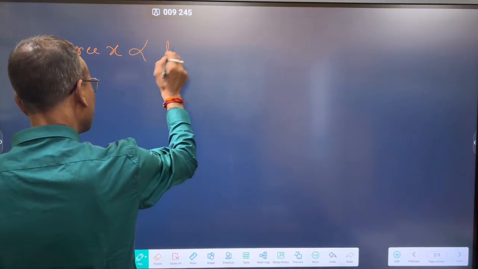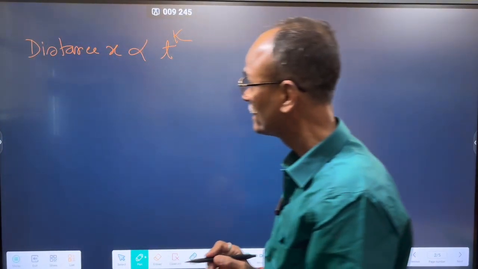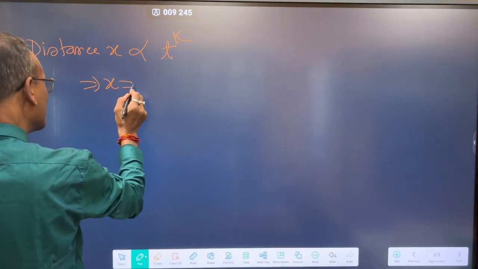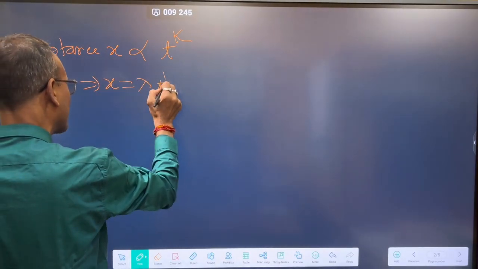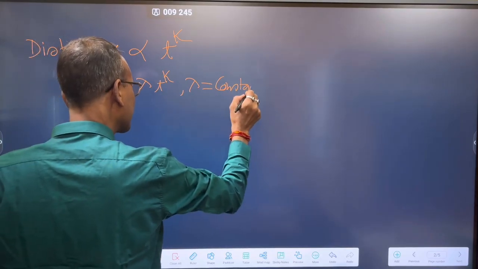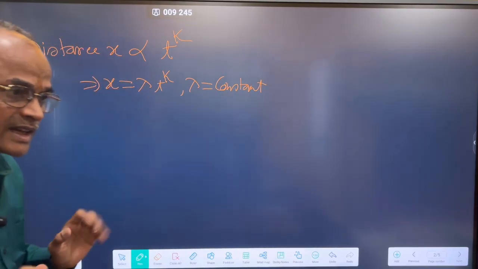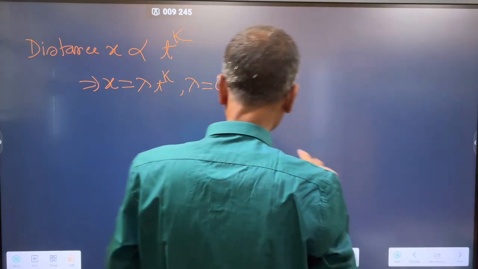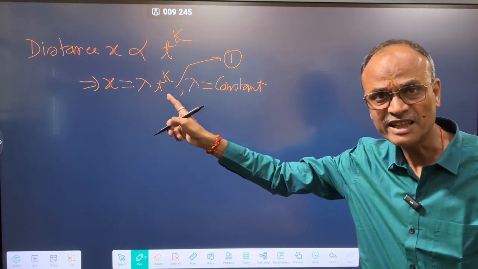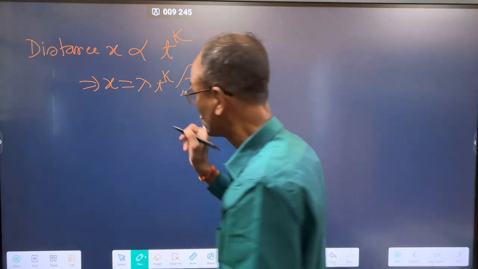This means x equals lambda t to the power k, where lambda is a constant. Suppose this is number 1. Differentiate this with respect to t.